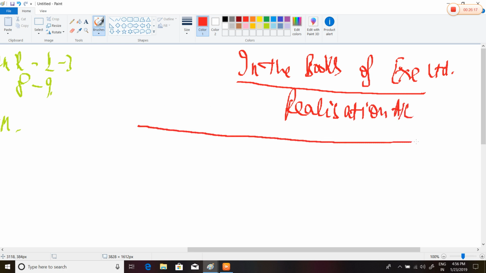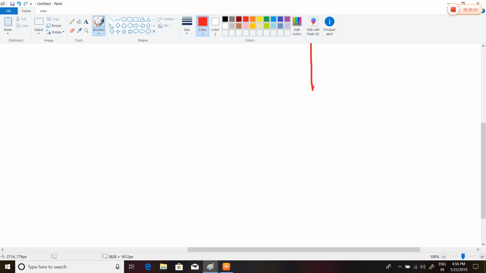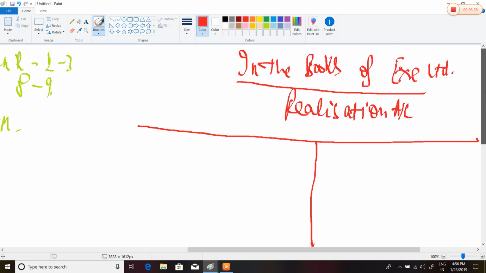To fixed assets in realization account. In realization account, all the assets and liabilities are transferred at book value.